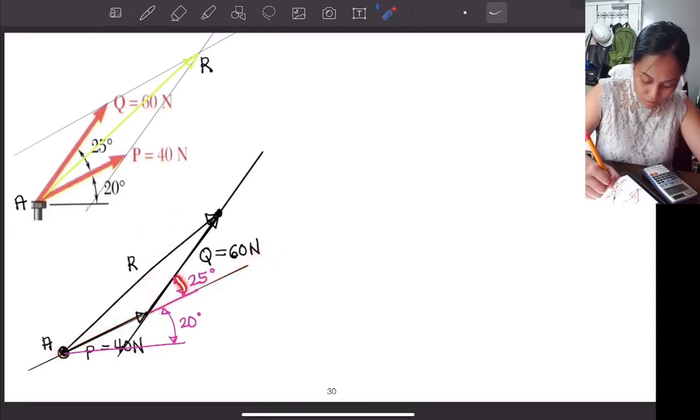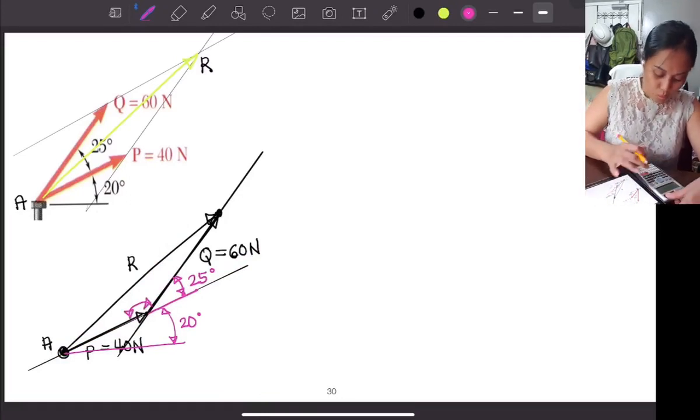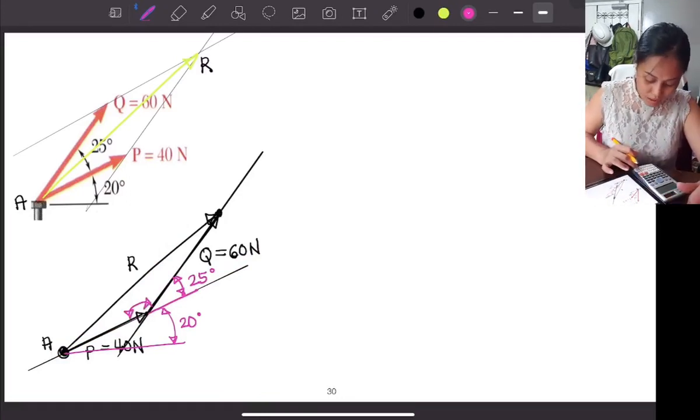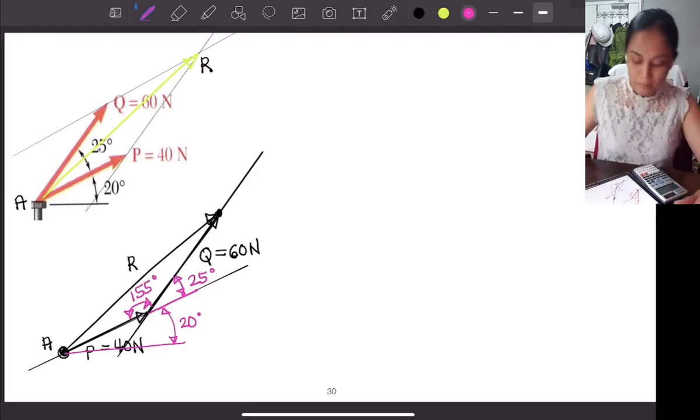But from here to here is 25, so this angle is 180 minus 25, or this is 155 degrees.